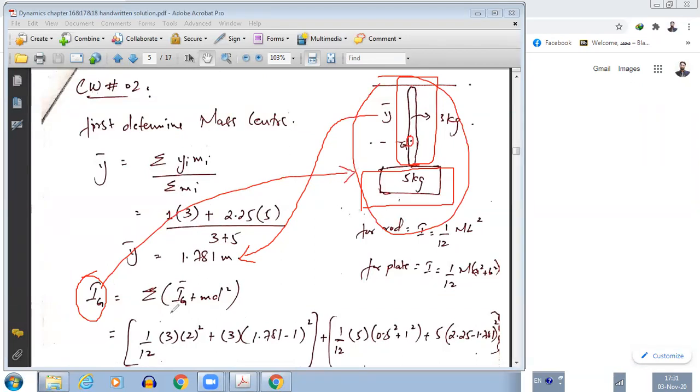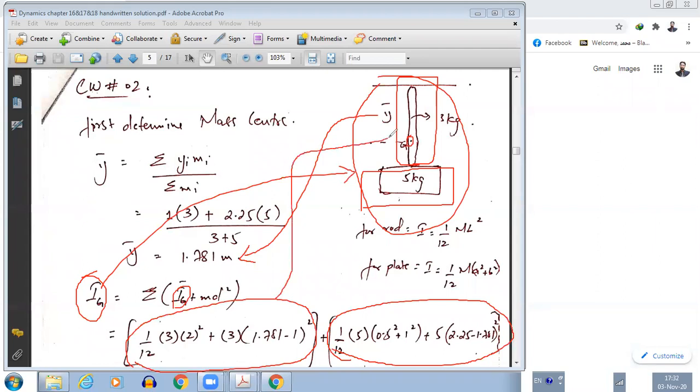But when I'm saying summation of IG plus MD square, this IG is for the individual components. So here we have the cylinder rod, and this part is for the thin plate.